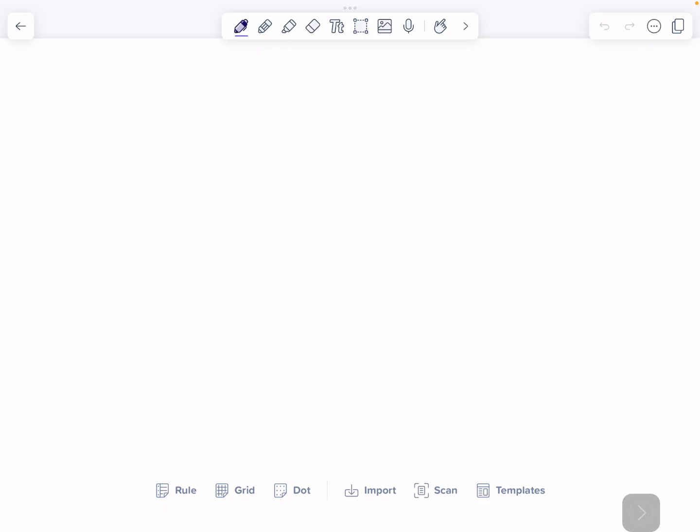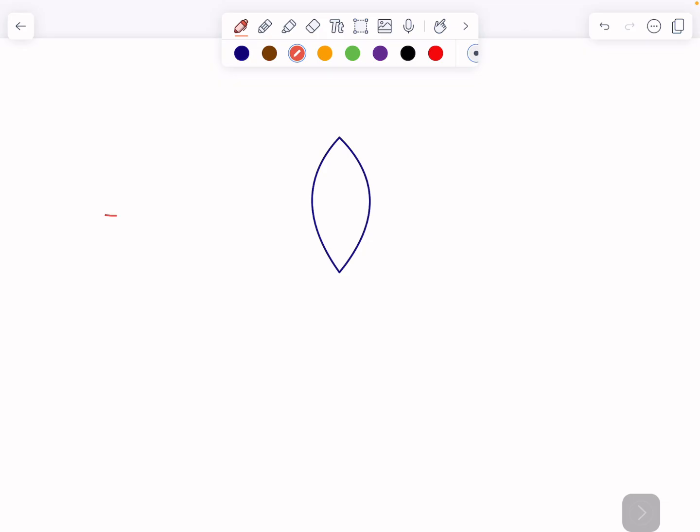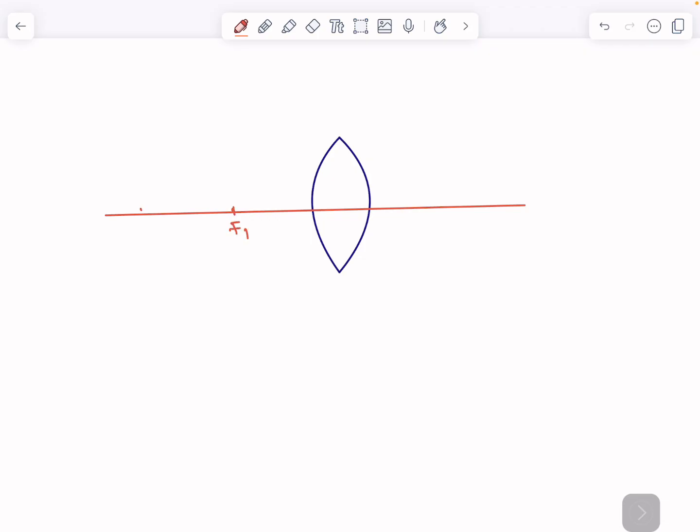so let us say, what is the lens? This is a convex lens, and you draw the principal axis which passes through the convex lens, and let us say this is f1 focal length, and this is 2f1, and this is f2, and this is 2f2.